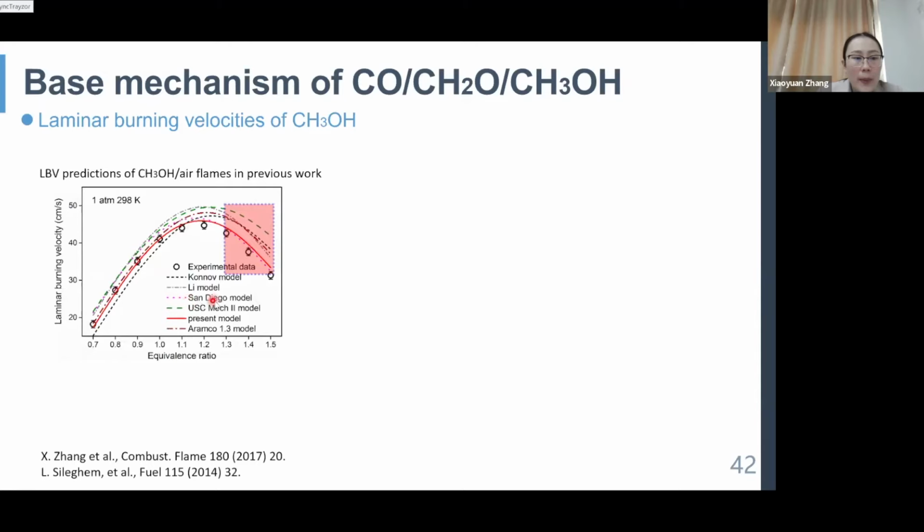This figure presents the comparison between the previously measured data and the predictions by the present and the literature models. For the laminar flame speed at fuel-rich conditions, large discrepancies can be obtained from different models. As we can see, only the solid line, the present model, and the dotted line, the San Diego model, can well predict the experimental data.